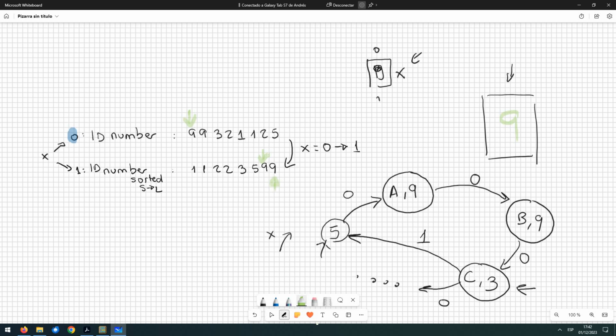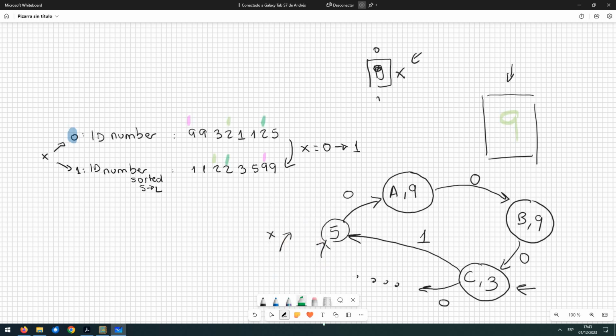You have to be careful with the digits that are repeated, because we have to correspond the first 9 with the first 9 of the following sequence. So this 9 corresponds with this 9, or for example, this 2 corresponds with the first 2 that we have in the sequence, and this 2 with the second 2.